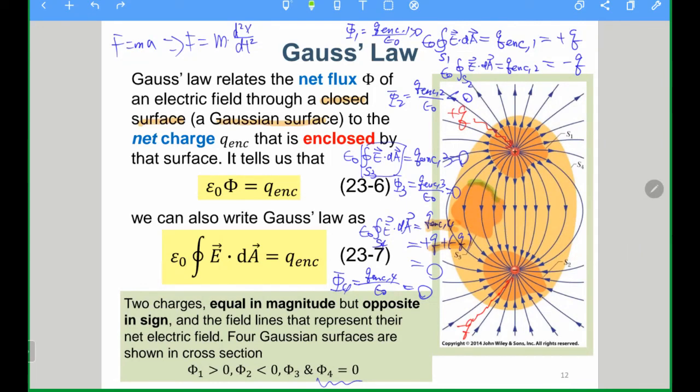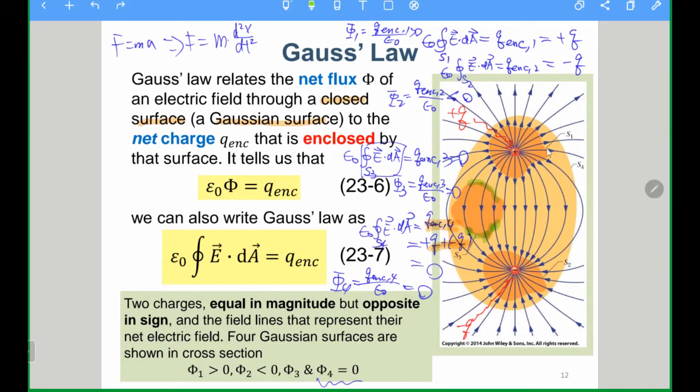And for this part, this is going out, so it contributes a positive net flux. But even without calculation, since S3 encloses no charges, this negative flux and this positive flux will perfectly cancel each other. It turns out phi 3 is 0.